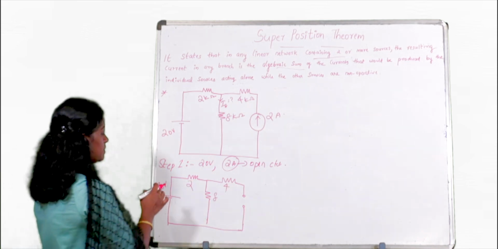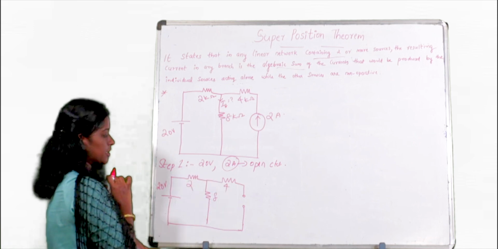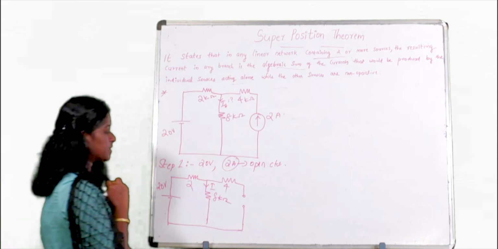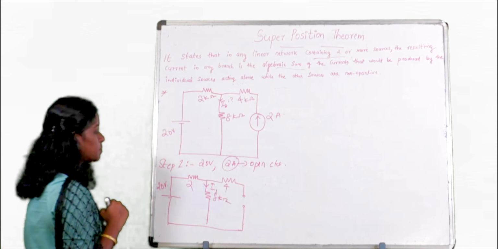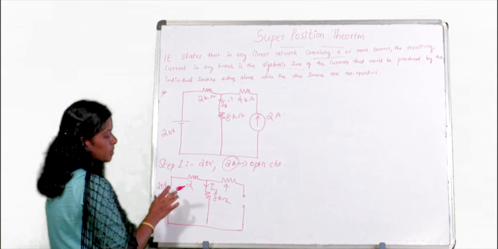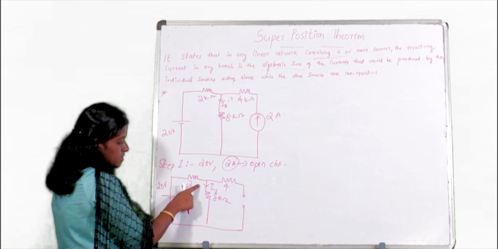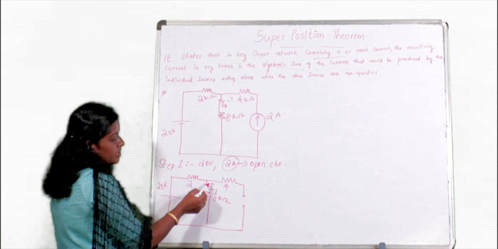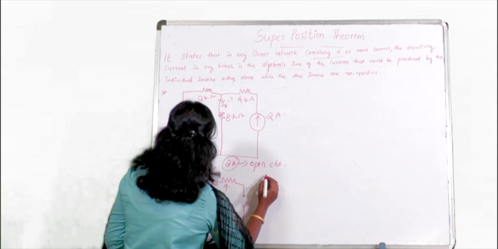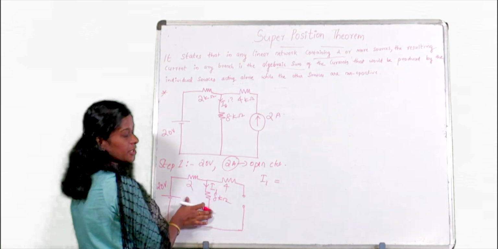So here by considering the 20 volt source, we will find the current flowing through 8 kilo ohm. So first step is we are finding this current, let it be I1. I1 is the current flowing through 8 kilo ohm. So here we can find I1 by dividing voltage by resistance.